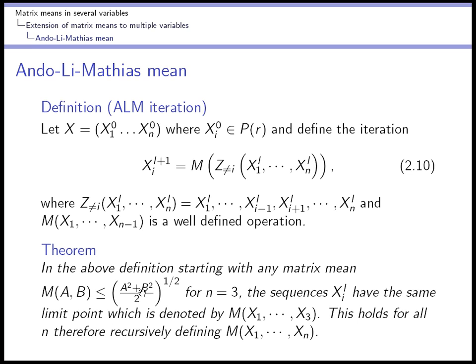This convergence takes place if the mean is smaller than or equal to the square mean, which means automatically it is true for all possible symmetric means.